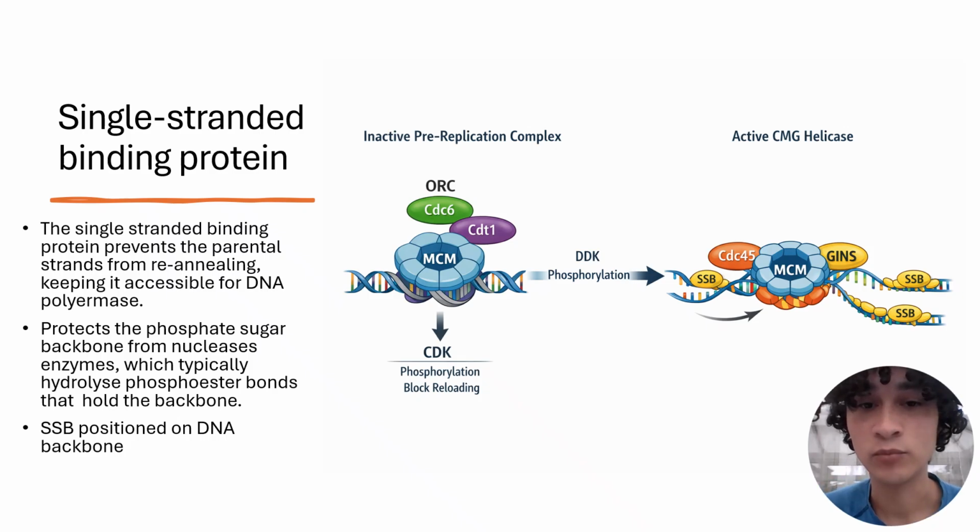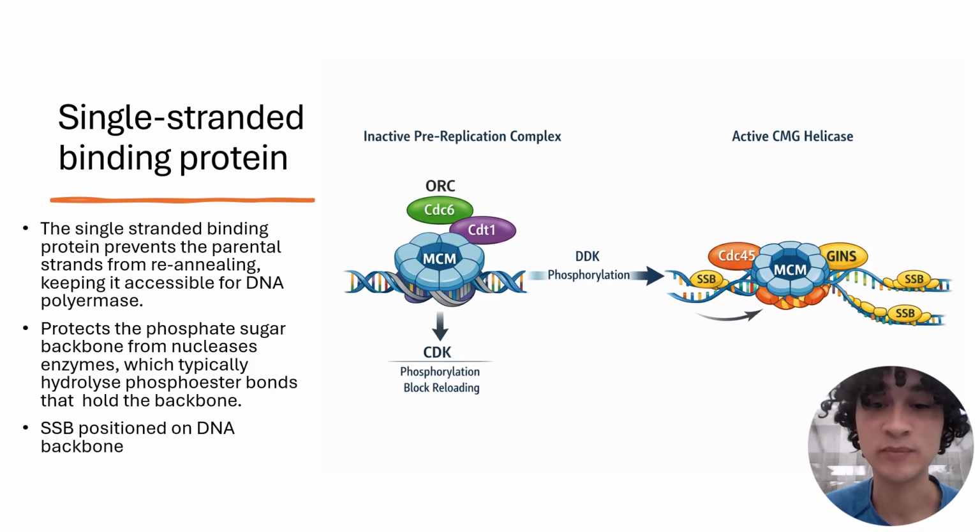As we form our replication fork, a special type of protein is recruited. It's referred to as single-stranded binding protein, or SSB in the diagram, and it binds to the phosphate backbone. What that does is prevent the reannealing of DNA.